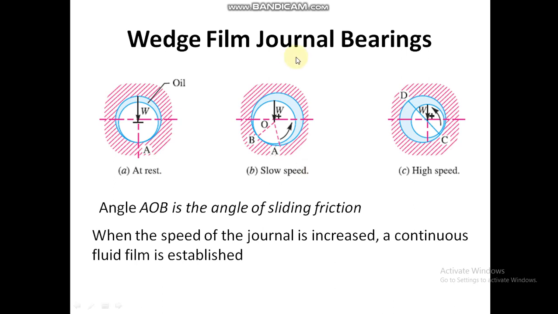Next is the wedge film journal bearing. You can see a journal, or we can say shaft, inside the bearing, and there is oil in the space.